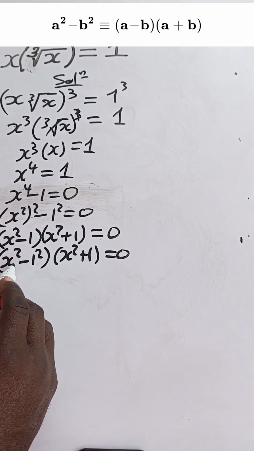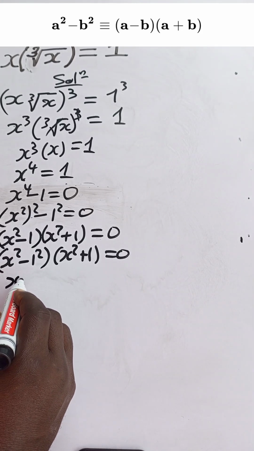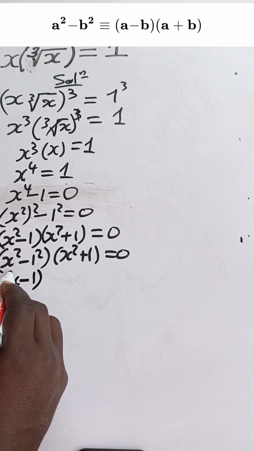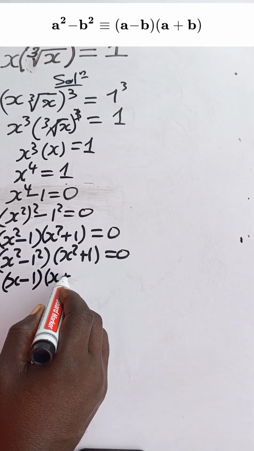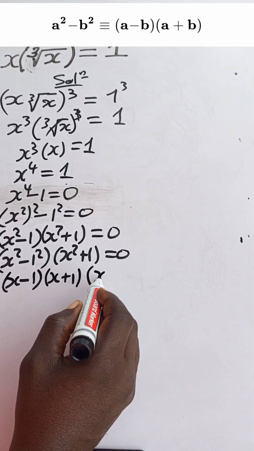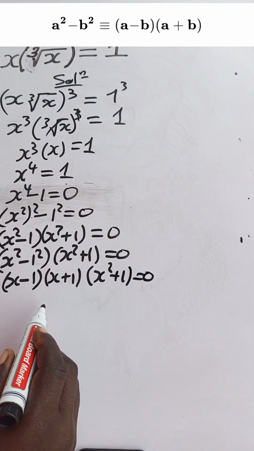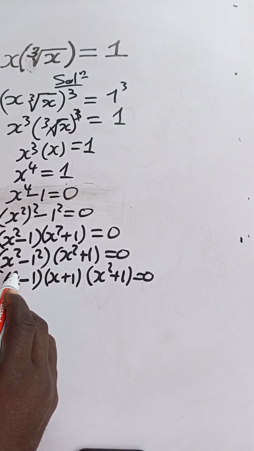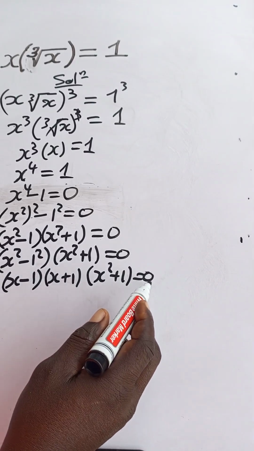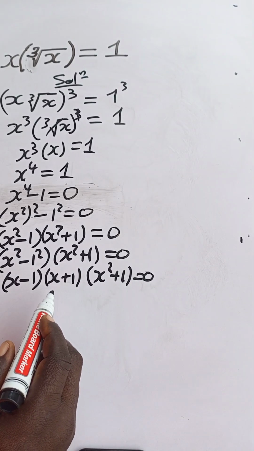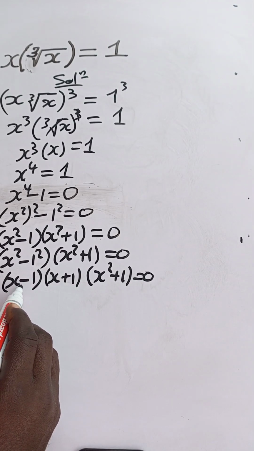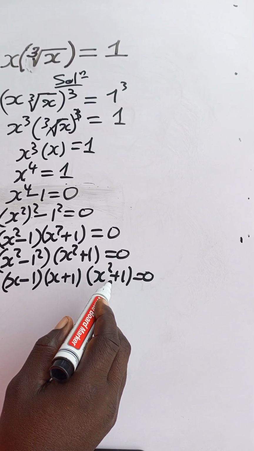Applying the difference of squares again here, we obtain x minus 1 into x plus 1. Okay, now we have the multiplication of 3 expressions giving us 0. Now either this is 0 or this is 0 or this is 0.